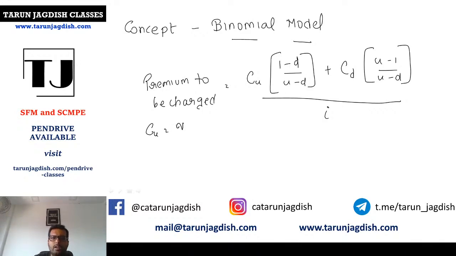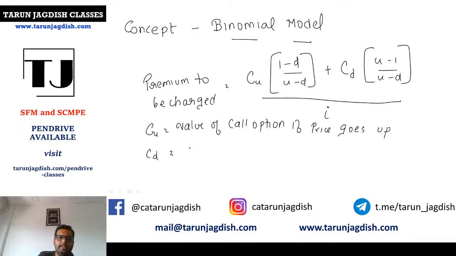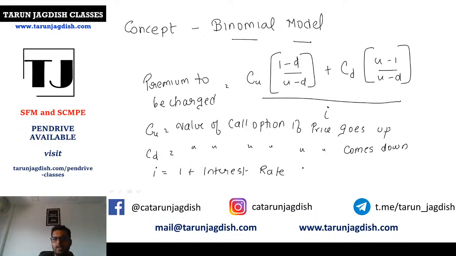Cu means value of call option if the price goes up. CD means value of call option if the price comes down. Alright. I means 1 plus interest rate. Okay. Remaining I'll give you in the next page. Can you write down till here first?